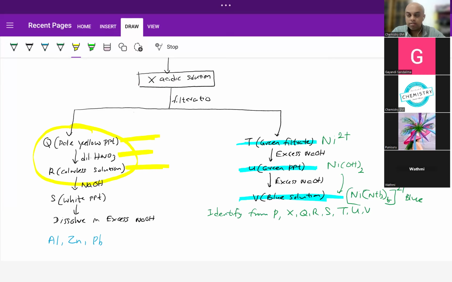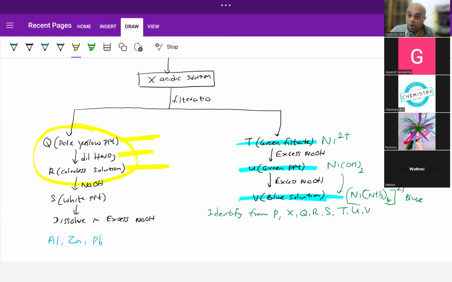Zinc, obviously, it's white. It can't be aluminum, right? Because aluminum is not creating any colored solutions, right? It is lead. It is lead.